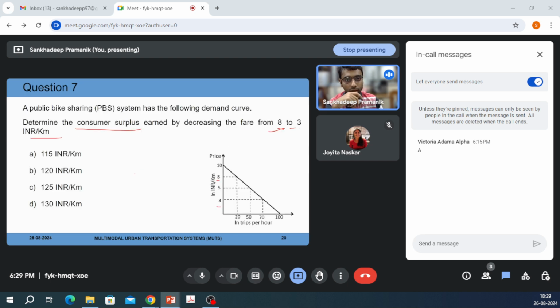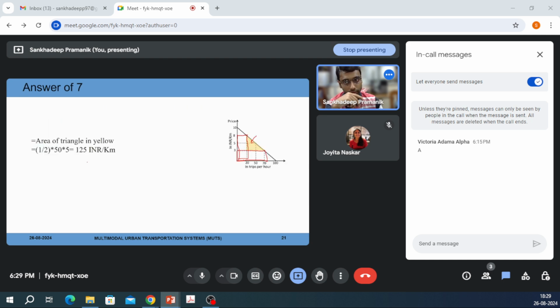So to calculate the consumer surplus, we have to calculate the area of this portion, which is half into base, 70 minus 20, that is 50, and height, which is 8 minus 3, which will be 5.